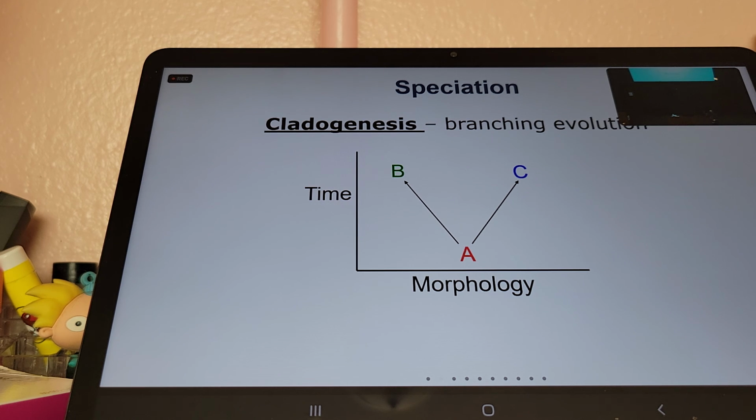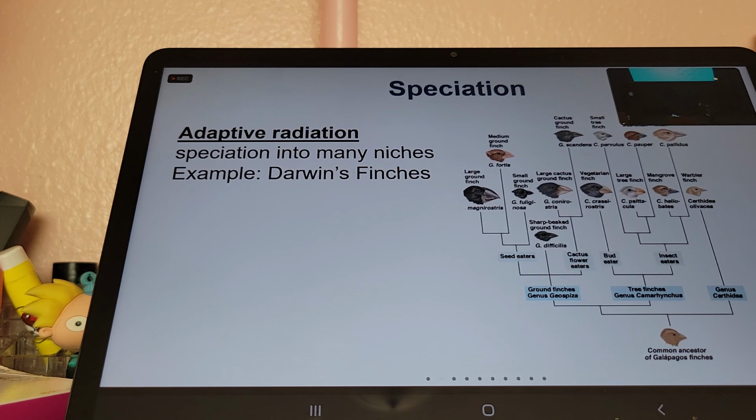Exactly, yes. Branching evolution like this probably happened a lot in evolutionary history, because we know of a number of examples where this has happened fairly recently. We can look to Darwin's finches on the Galapagos, where you get adaptive radiation. Adaptive radiation is like hyper branching evolution.